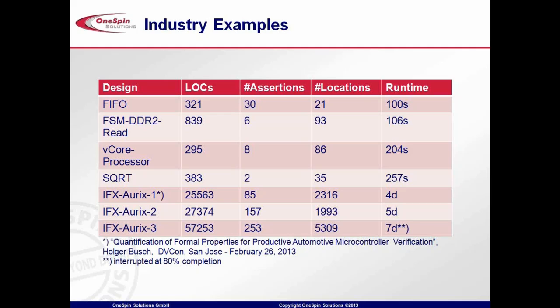So it managed to finish in less than 2 minutes. However, this huge design was running for 7 days and didn't finish. I mean, we had to interrupt it at 80% of the completion.